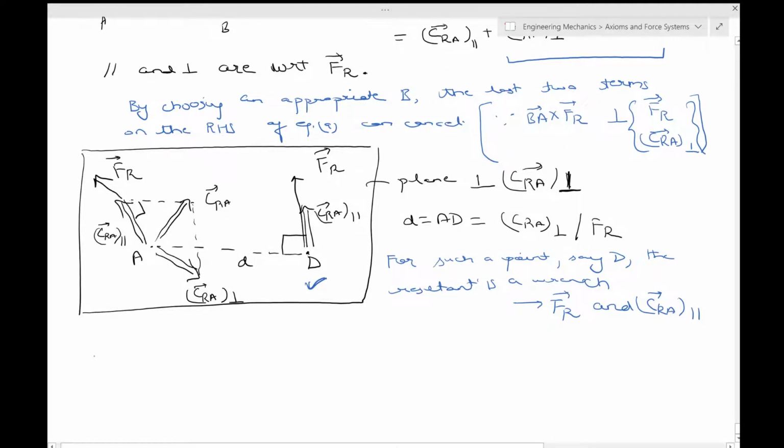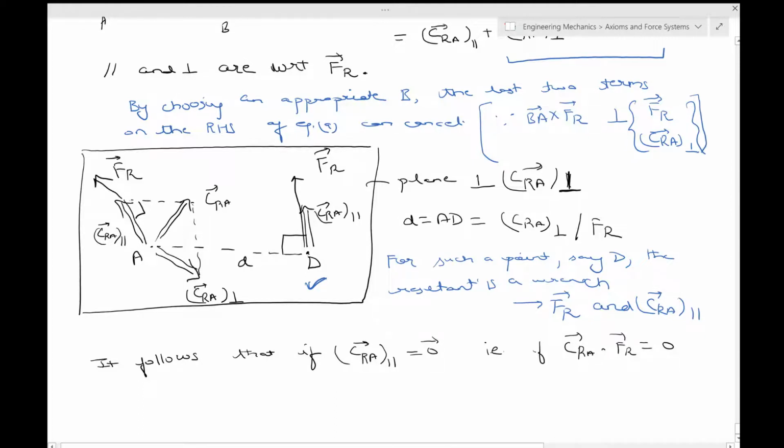So this follows that if CRA parallel is equal to 0, that is, if CRA dot FR is equal to 0.